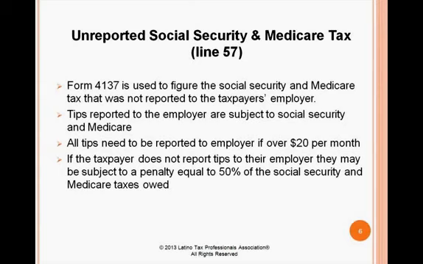Many restaurants have their own way to track this, and it's taken out of their payroll, and all tips are put into a common pot. But not every place does that. So if the taxpayer does not report tips to their employer, they may be subject to a penalty equal to 50% of the Social Security and Medicare taxes owed.